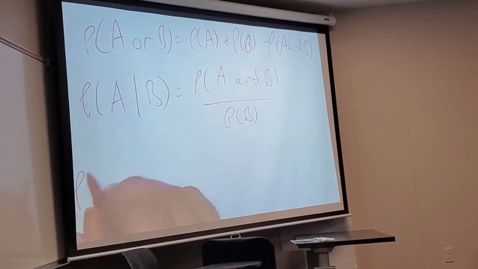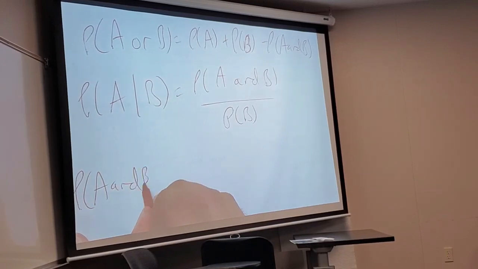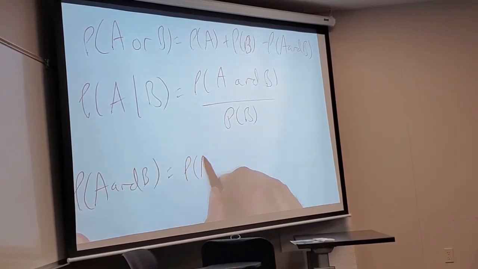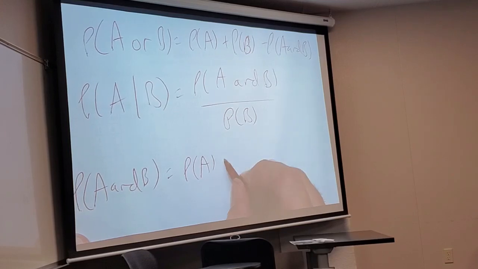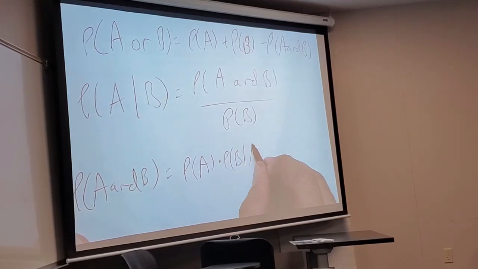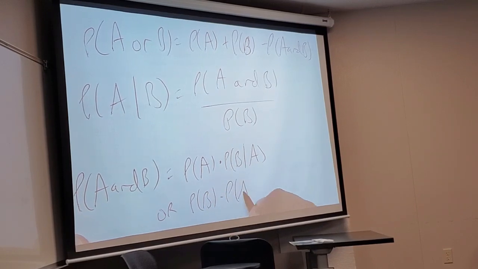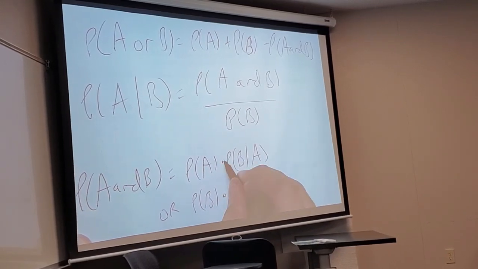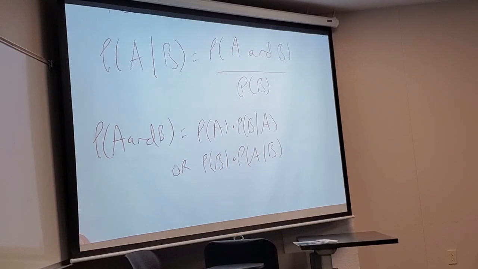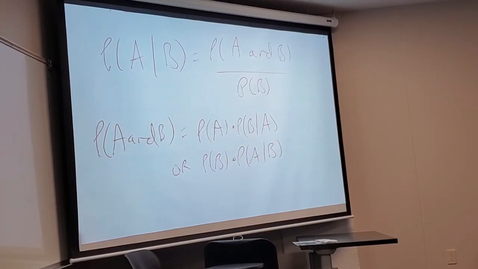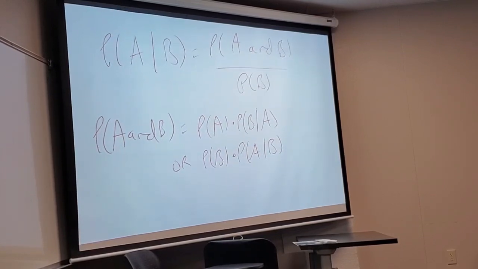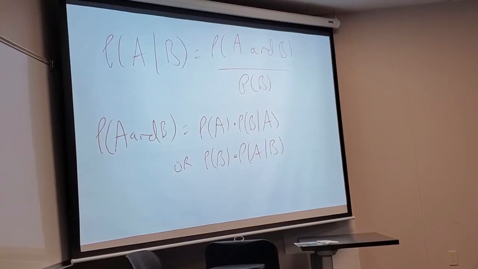The one that's a little weird, but you've got to remember there are two ways to get this: the and is either P(A) times P(B given A), or it's P(B) times P(A given B). Either way. So those are all the formulas you need for Wednesday.